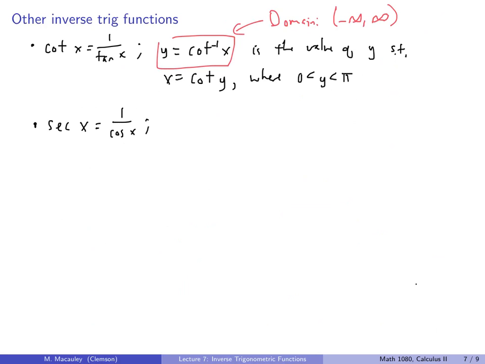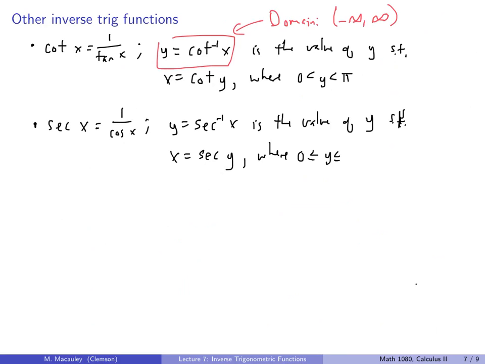So y equals inverse secant of x, which is the value of y such that x equals secant of y, where y is from 0 to pi.